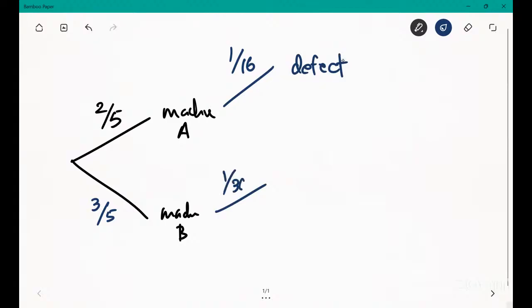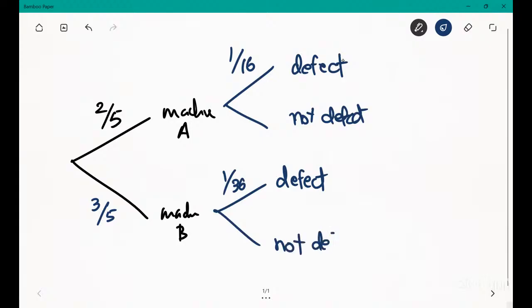So 1 over 36 is it being defective if it's B. But then you also have the probability of it not being defective. That's going to be the remaining. Here also you have not defective. These are things that you have to fill in by yourself. They have given you the information. You have to complete it.